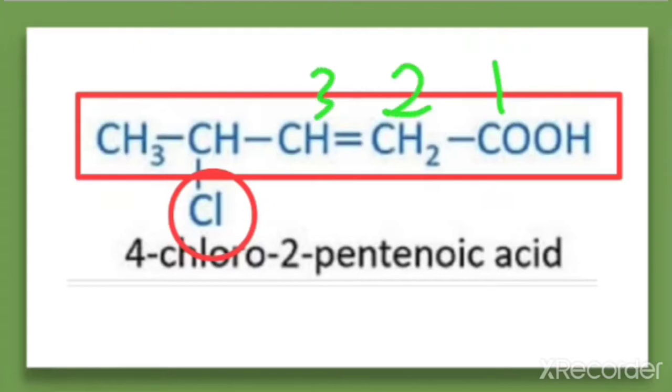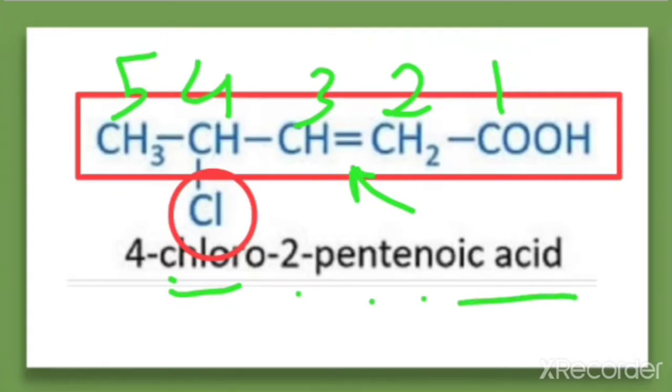This is the second, third, 4 and 5. There is only one substituent, on the fourth carbon, therefore it is named 4-chloro. And because there is one double bond on the second carbon, it is named 2-pentene, then oic acid. That is the name given for this compound.